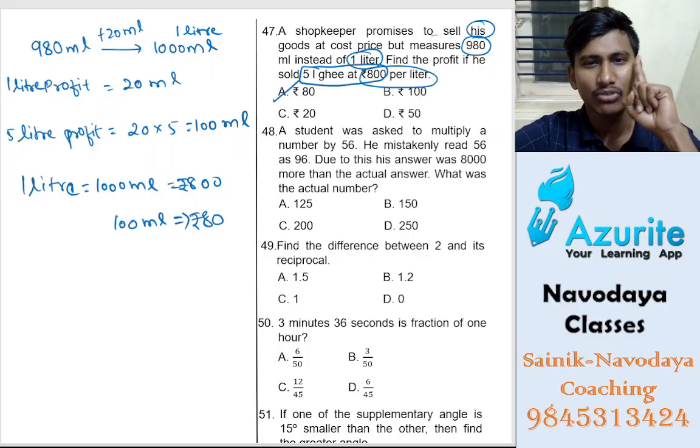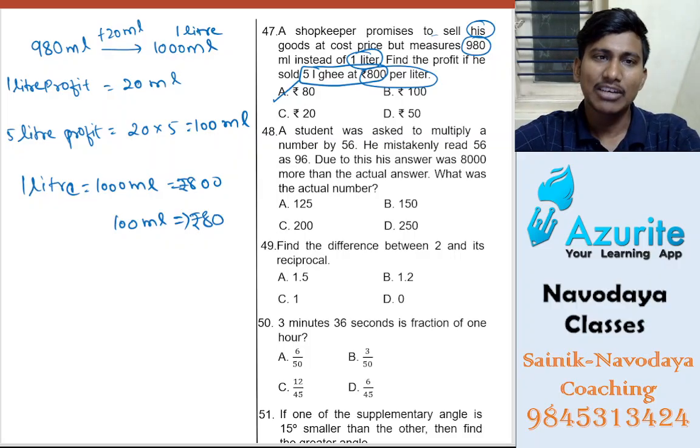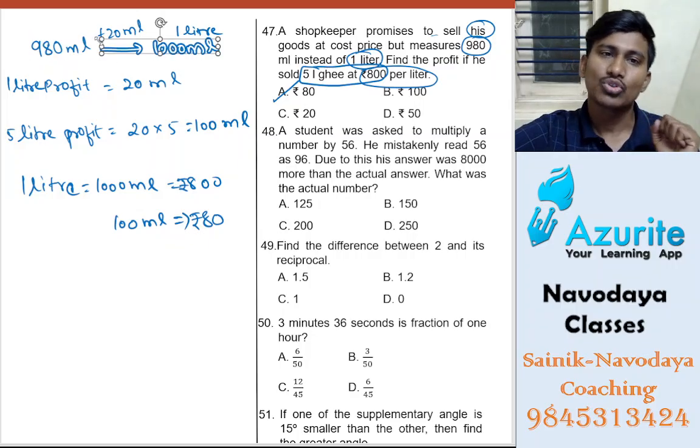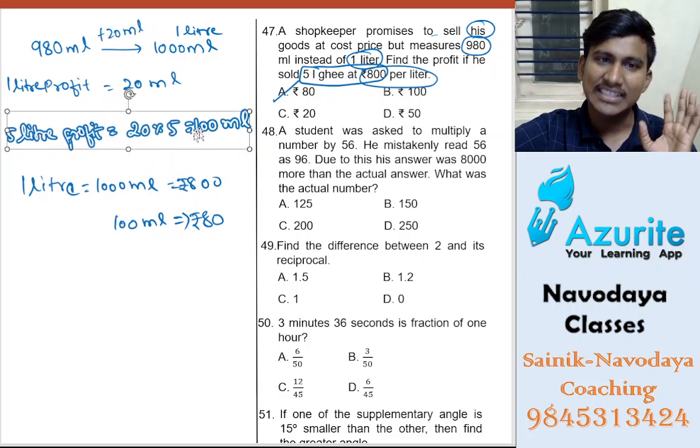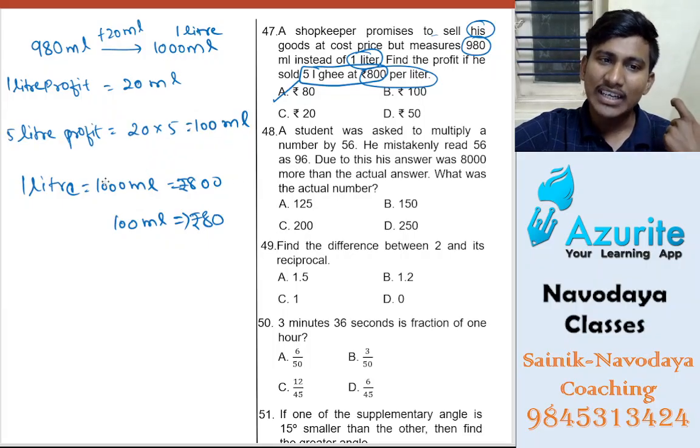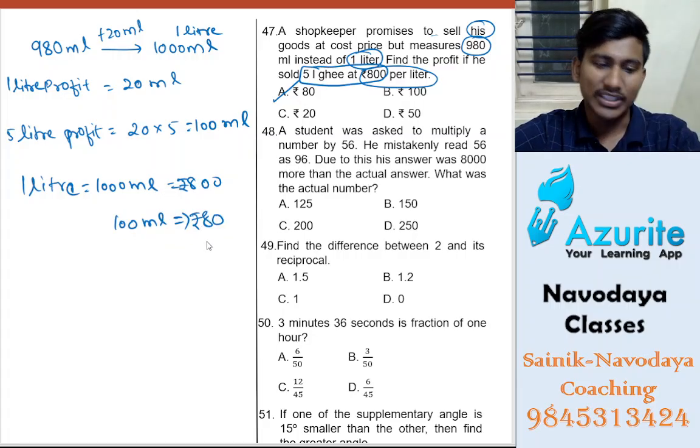You first find the profit for 1 liter. He is selling 980 ml only. He is giving 980 ml only for 1000. So 20 ml is the profit. So for 5 liters it is 20 into 5, 100 ml. So 1 liter is 800 rupees, 100 ml will be 80 rupees. Understood?